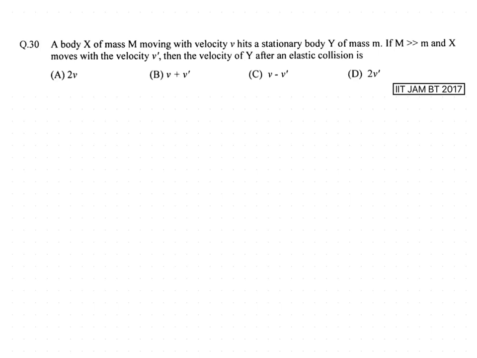If capital M is much greater than small m and X moves with the velocity v prime, then the velocity of Y after an elastic collision is option A twice small v, option B small v plus v prime, option C v minus v prime, option D twice v prime. Okay, so let us solve this problem.